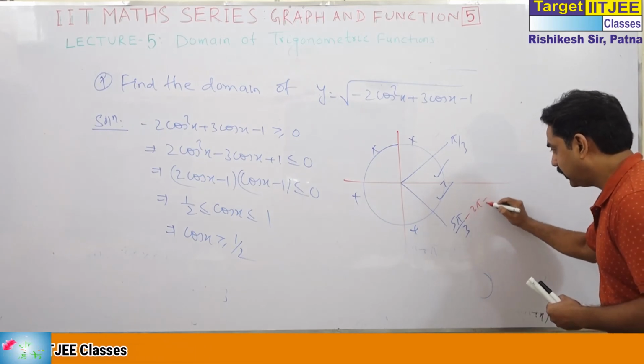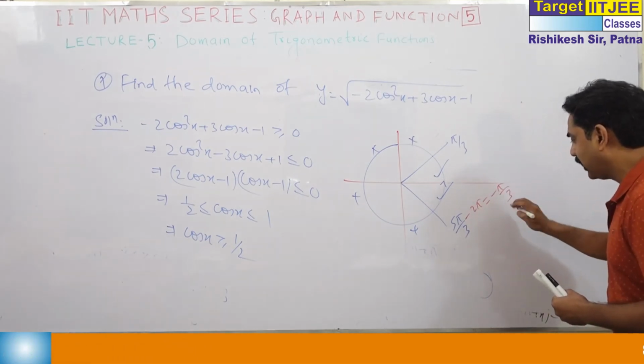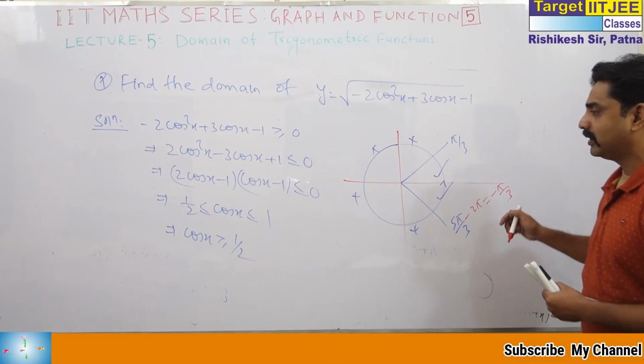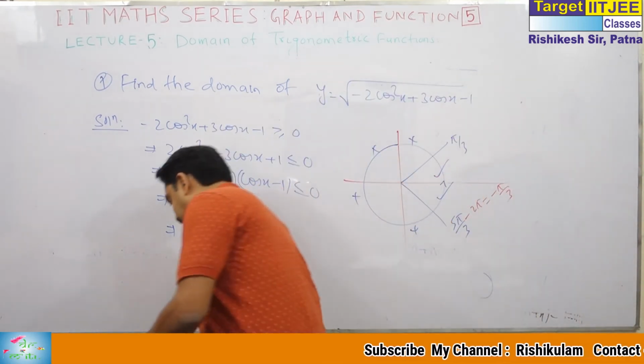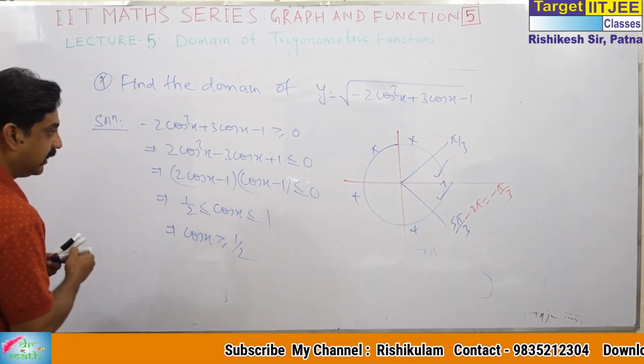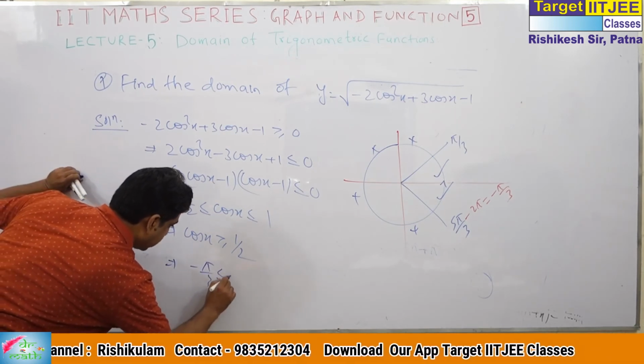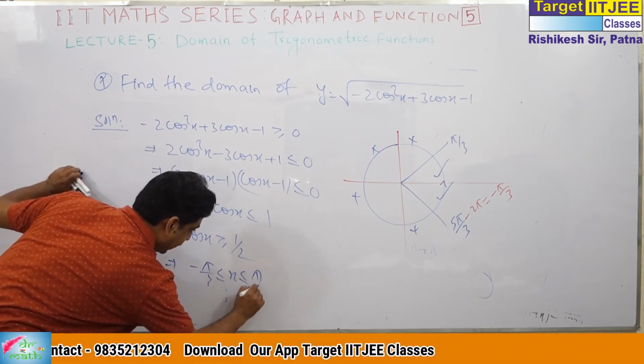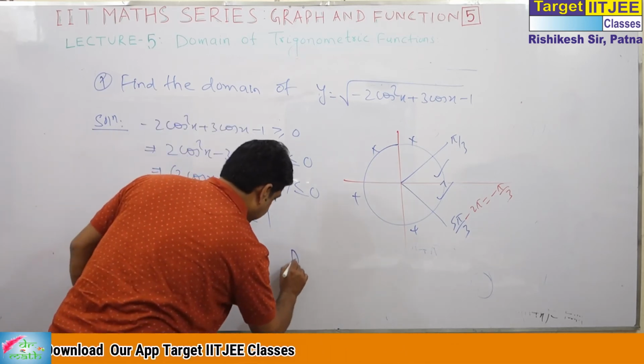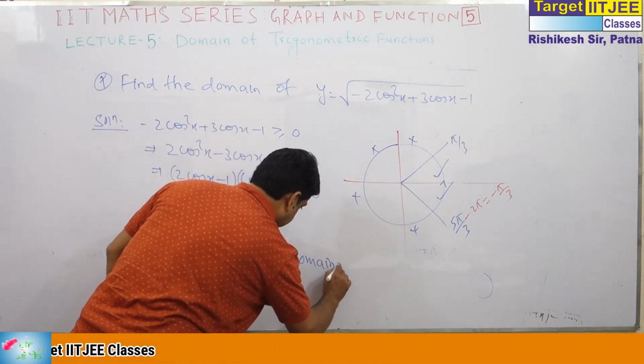It's very easy. You can also see that cos of minus pi by 3 is 1 by 2. So what we get is minus pi by 3 less than or equal to x less than or equal to pi by 3. So what is the domain?